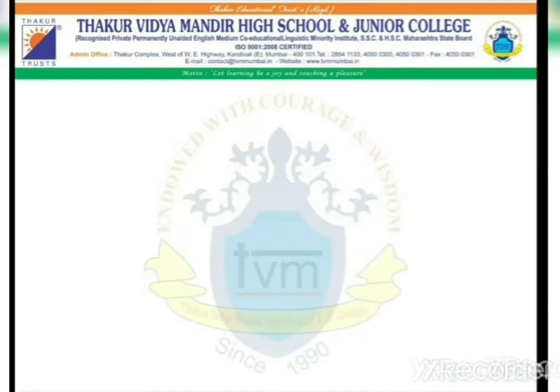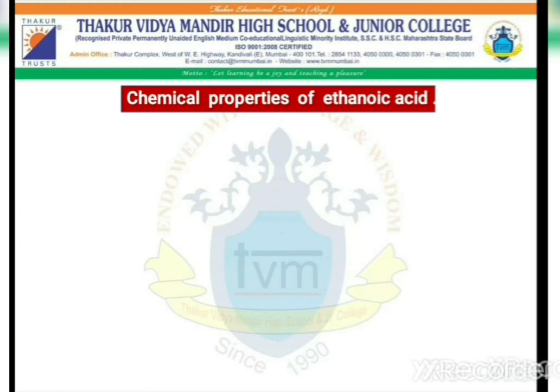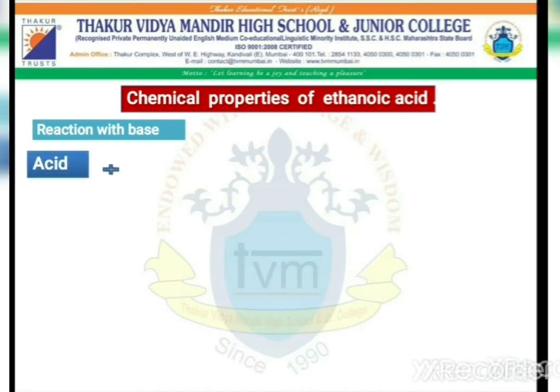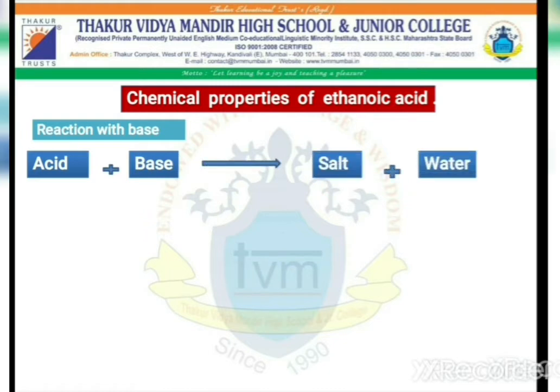Coming on to the chemical properties of ethanoic acid. The first is the reaction with base. Students, we know that any acid reacts with a base and gives you the corresponding salt along with water. This is a simple neutralization reaction. So here also the same thing happens.